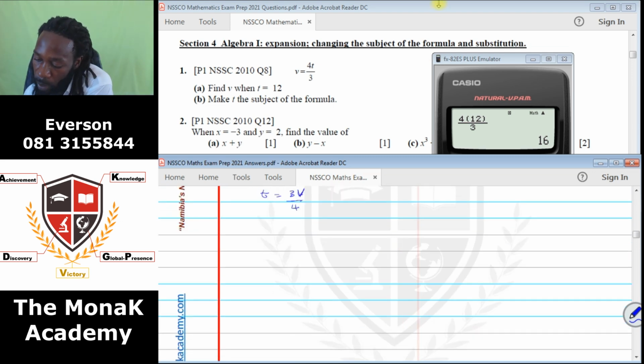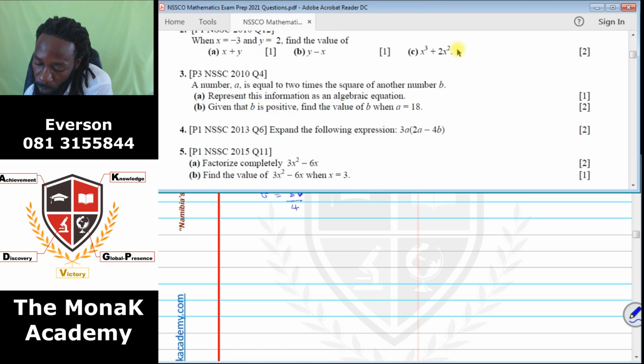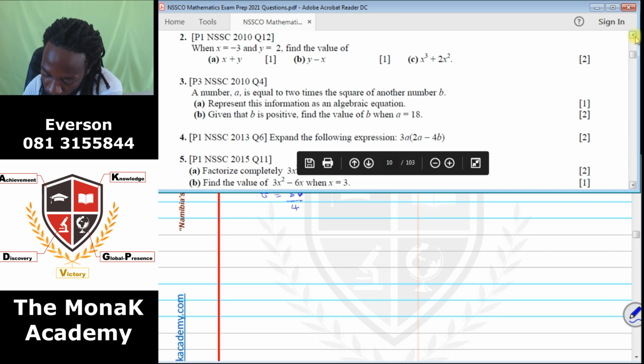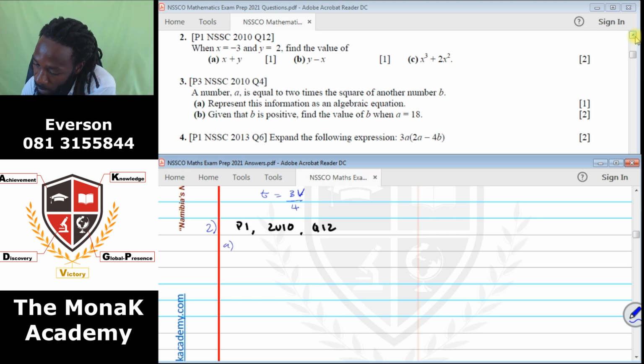We go on to number 2. Number 2 came from paper 1, 2010, question 12. We start with A. When x is negative 3, y is 2, find the value of x plus y.